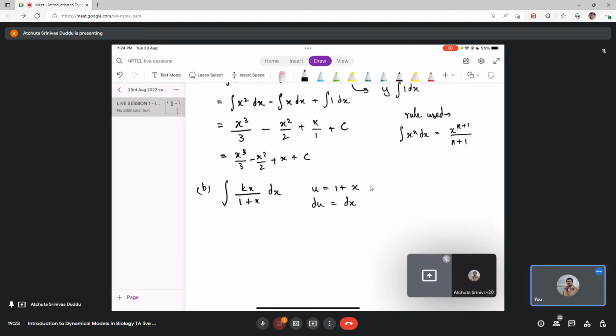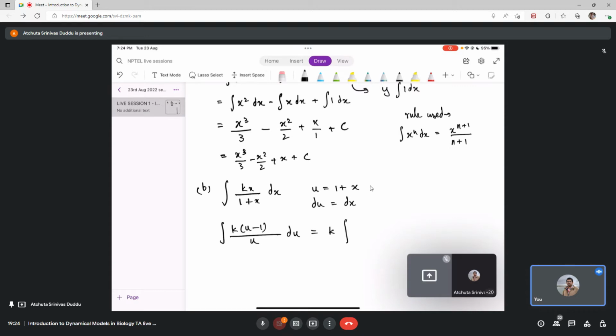Since d by dx of 1 would be 0, since 1 is a constant, and then for x it would be dx. Substituting that into this equation, we would have the integral of k into u minus 1 by u du, right? Again k is a constant, so you can always bring it out of the integral.